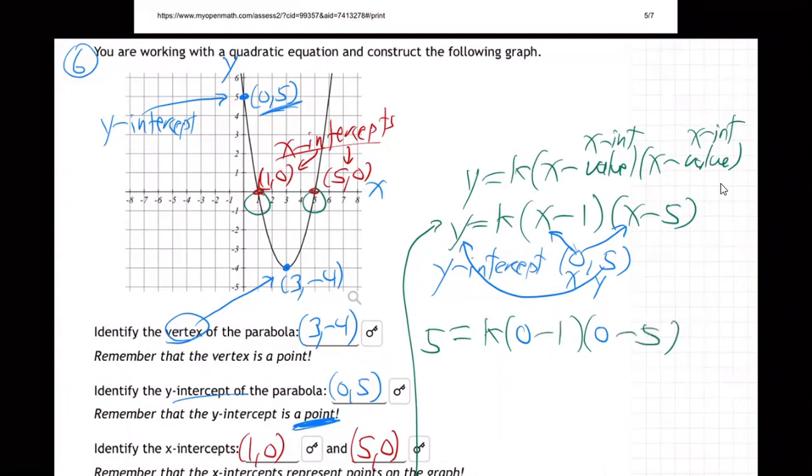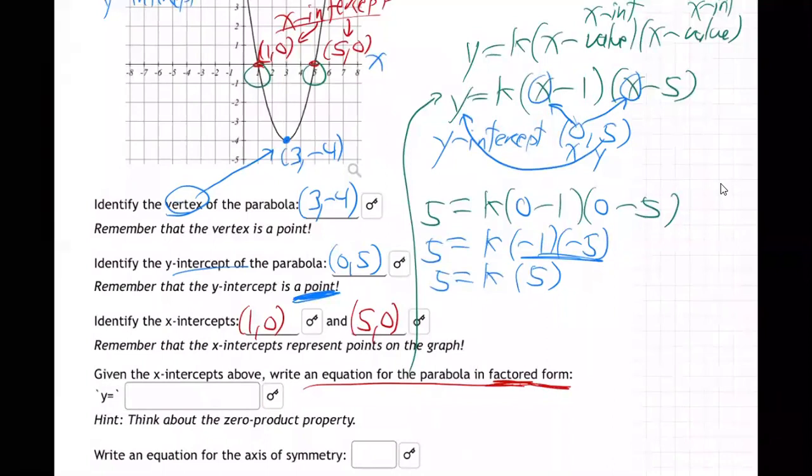I just plug that in for x right here, and I put in the 0. And so that's 5 equals k times negative 1, times negative 5. 5 equals k times 5, because negative 1 times negative 5 is positive 5. And then last step, to get k alone, divide by 5. Boom, k equals 1. Got it. So that's how you find k.